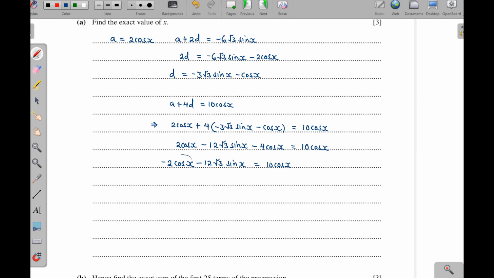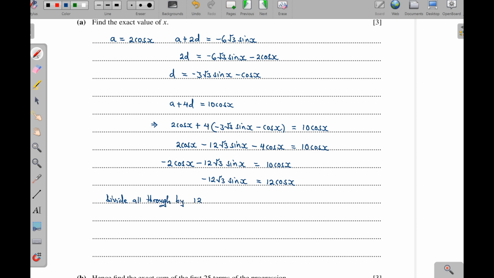So that is that. Then take this on this side. Then you will have the negative 12 root of 3 sine of x, which is equal to 12 cosine of x. So we can divide all through by 12.